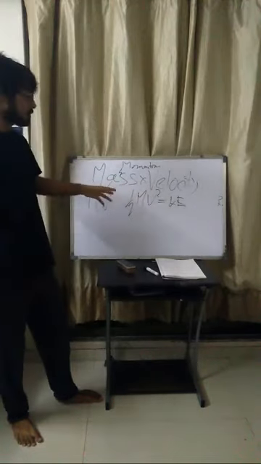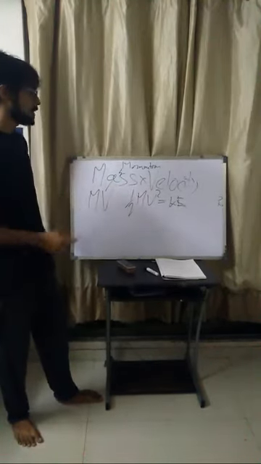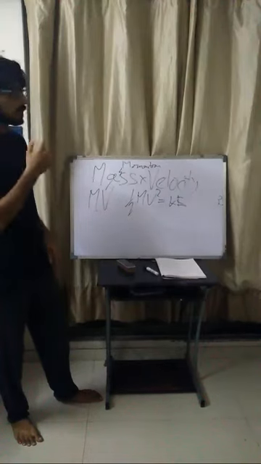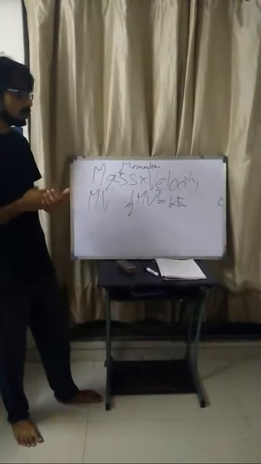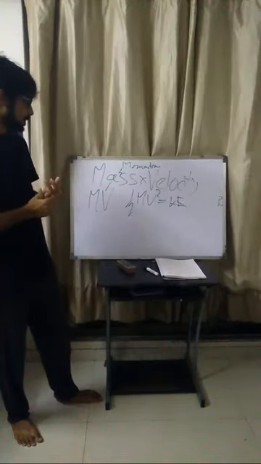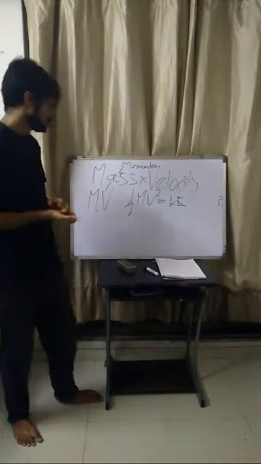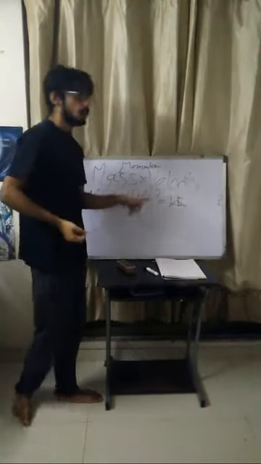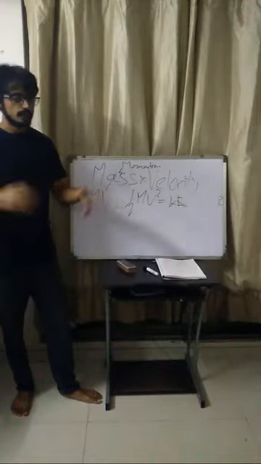It turns out that you simply have to integrate mv. And you have to integrate mv, mass is what? Mass is a constant. V is distance by time.